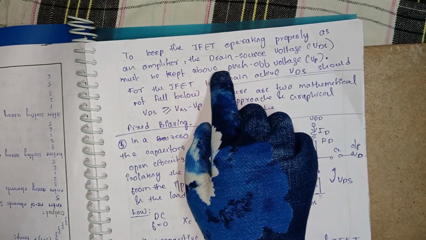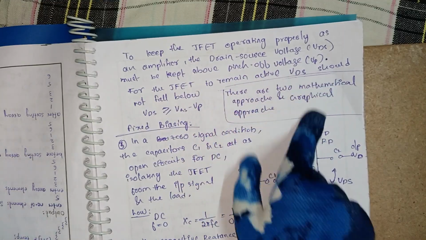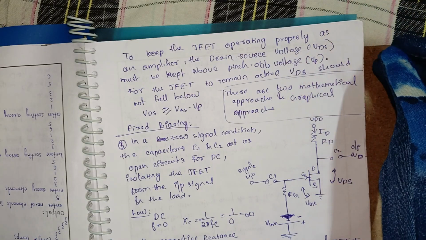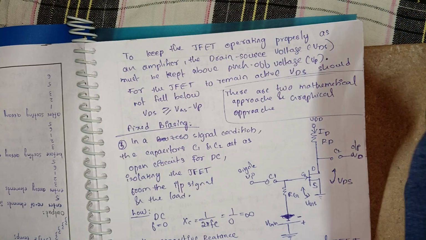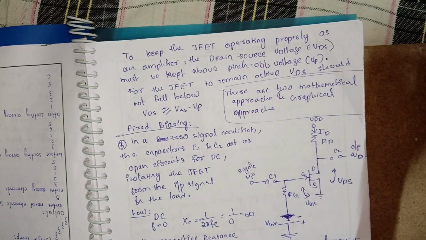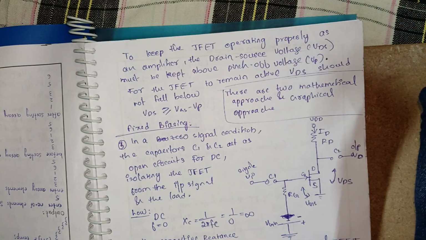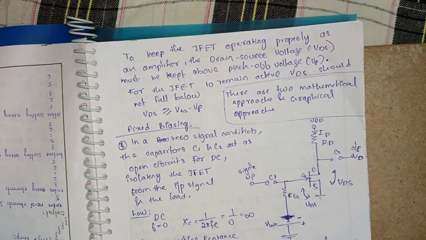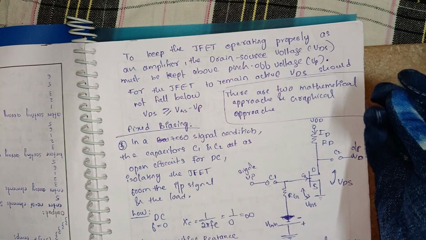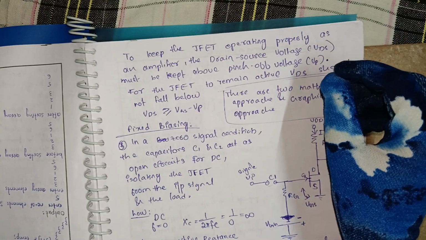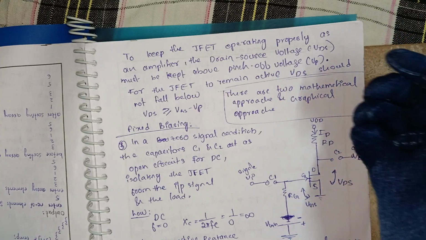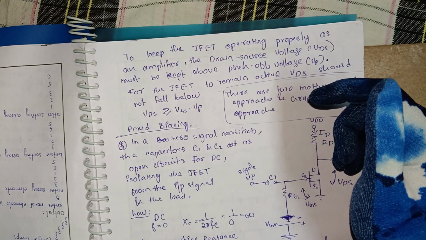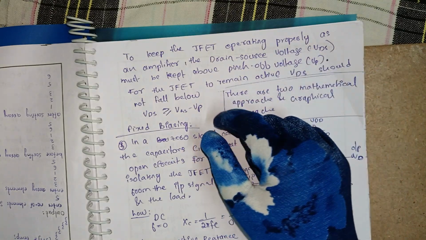To keep the JFET operating properly as an amplifier, the drain source voltage VDS must be kept above the pinch off voltage VP. I have already said the pinch off voltage is the voltage where the two depletion layers meet. At pinch off voltage the current becomes constant.